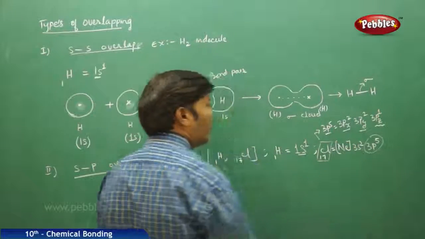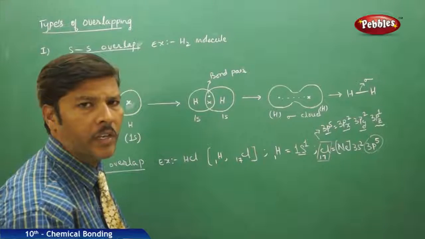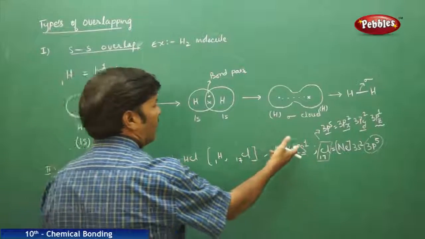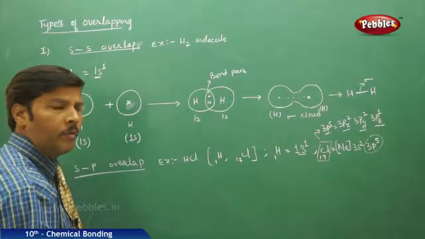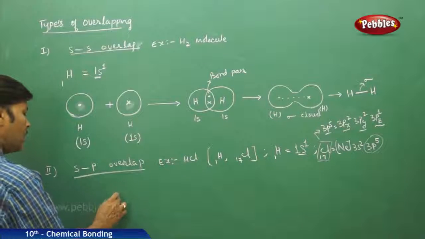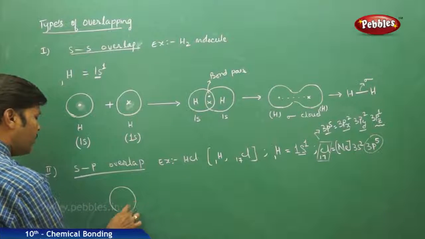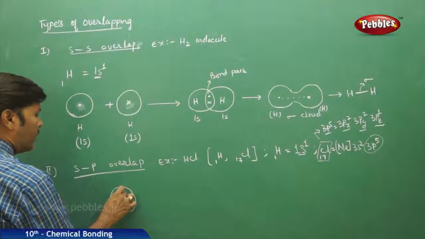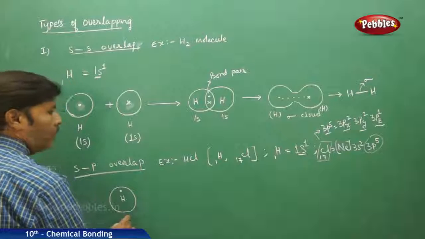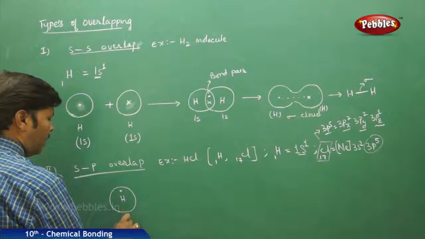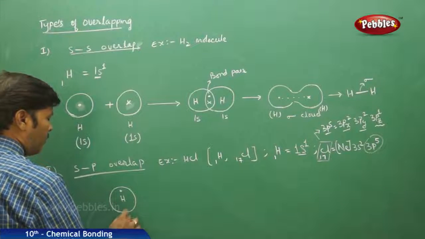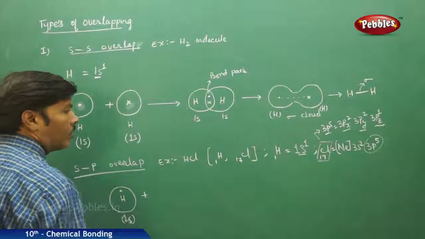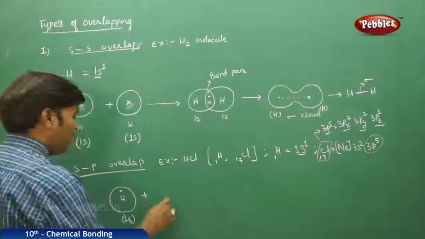Moreover, any p atomic orbital of a given element is always dumbbell shaped, and any s orbital of a given element is always spherical in shape. So what I am doing here is taking the spherical shaped structure of hydrogen with its electron, which is the 1s atomic orbital of hydrogen with its unpaired electron, and taking the 3pz atomic orbital of chlorine, which is dumbbell shaped.